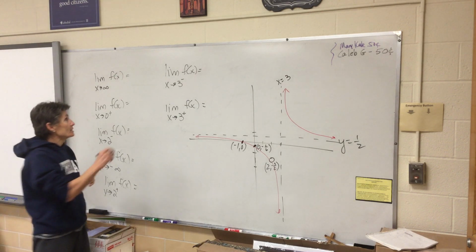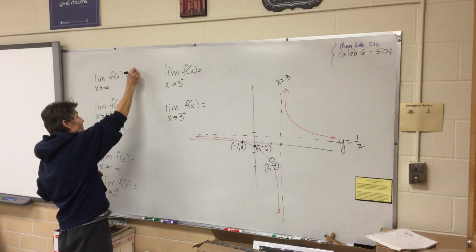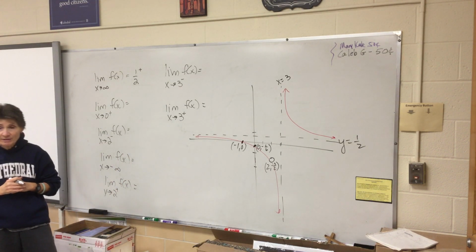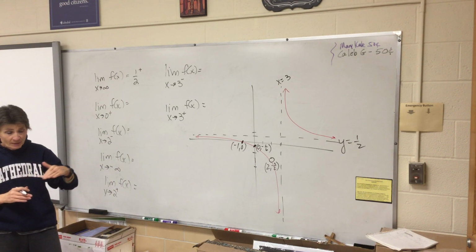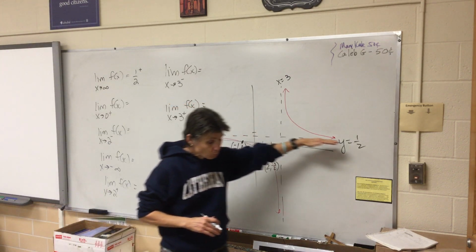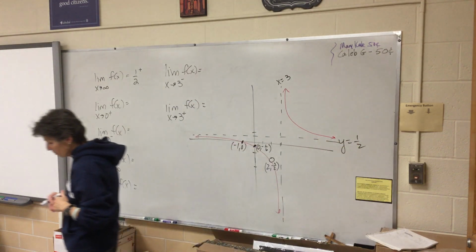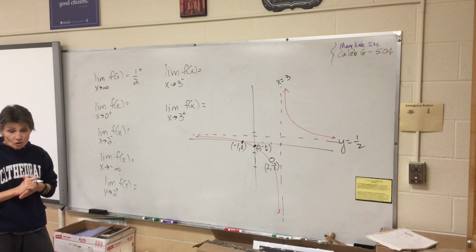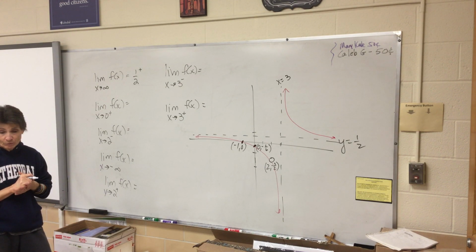You do. So the answer is 1/2. And since you're getting closer to the 1/2 from the top, in other words, you're coming down toward the 1/2, we put a little plus sign there to indicate that we are coming in toward that asymptote from the top.